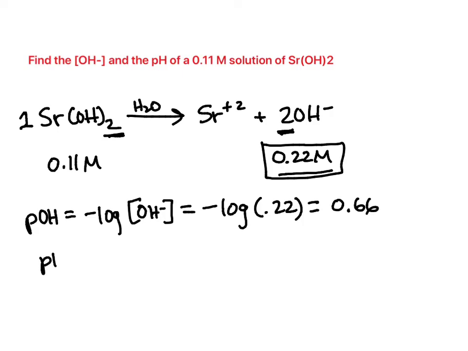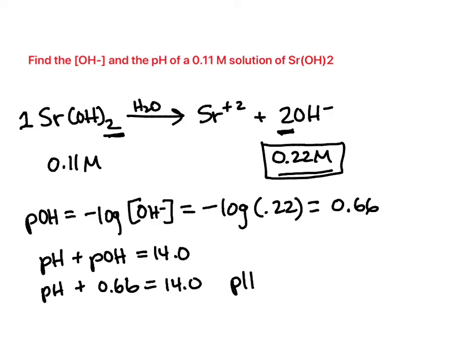And then we know that pH plus pOH equals 14. So we can do pH plus 0.66 equals 14. And then pH equals 13.34.